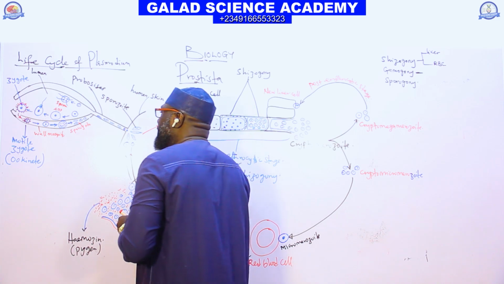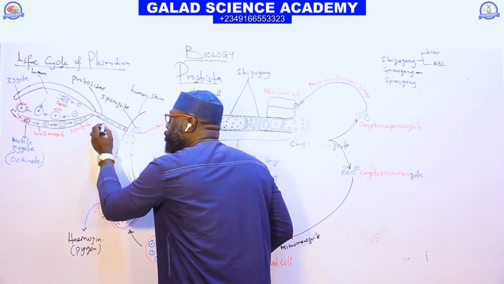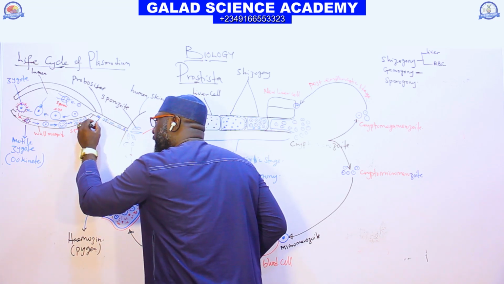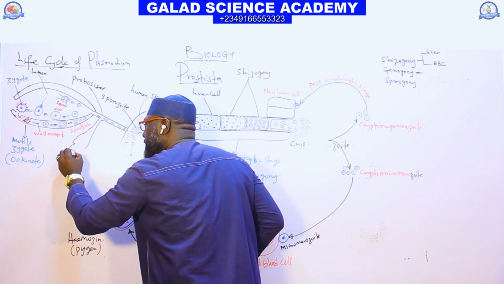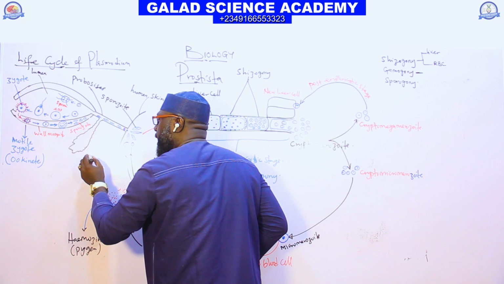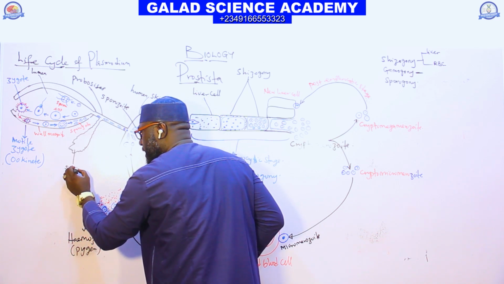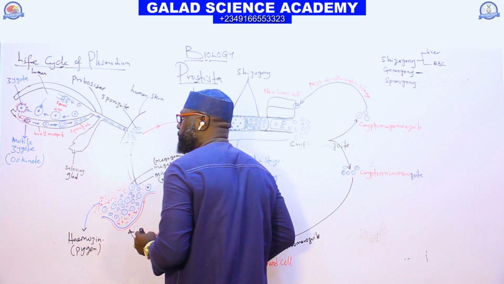And this sporozoite now finds its means to move here. Let me say at a particular point here, we have this, the salivary gland of the mosquito.